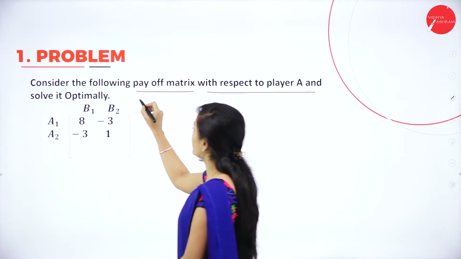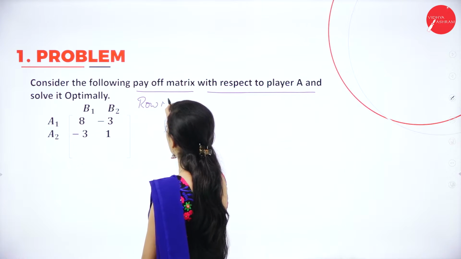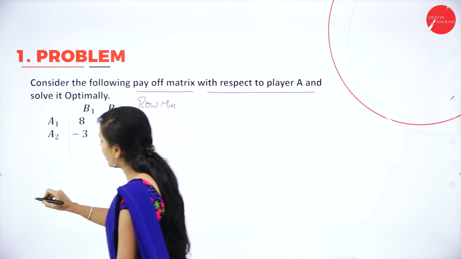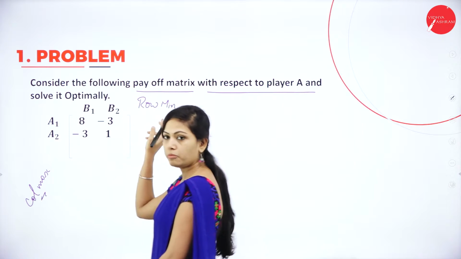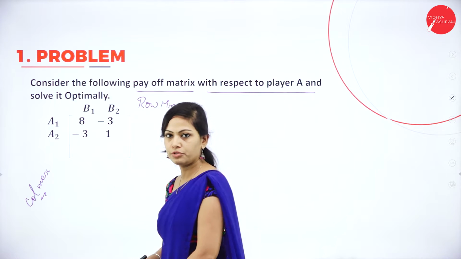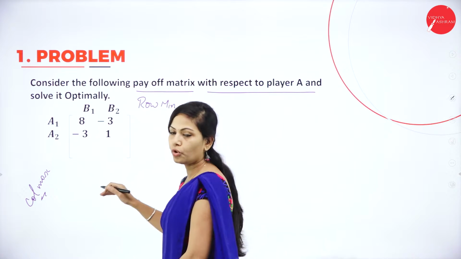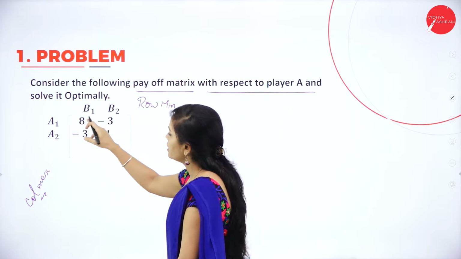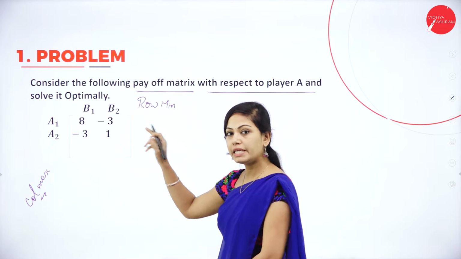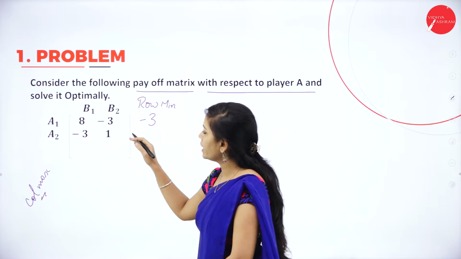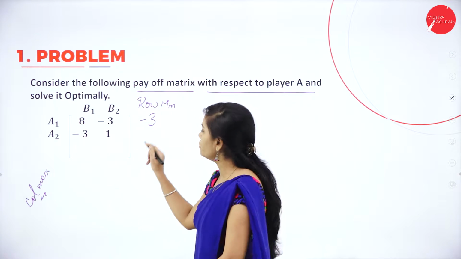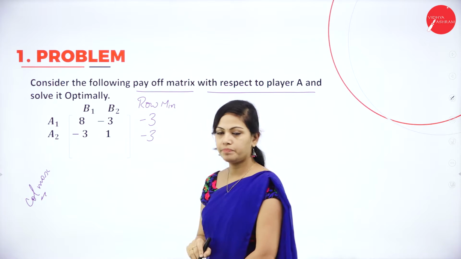First you have to find the row minima and the column maxima. In every row you have to find the minimum value. In the first row, the least value is minus 3. In the second row, the least value is again minus 3.